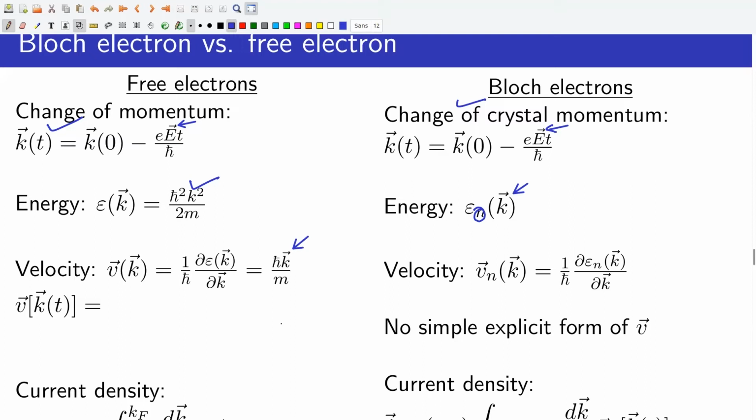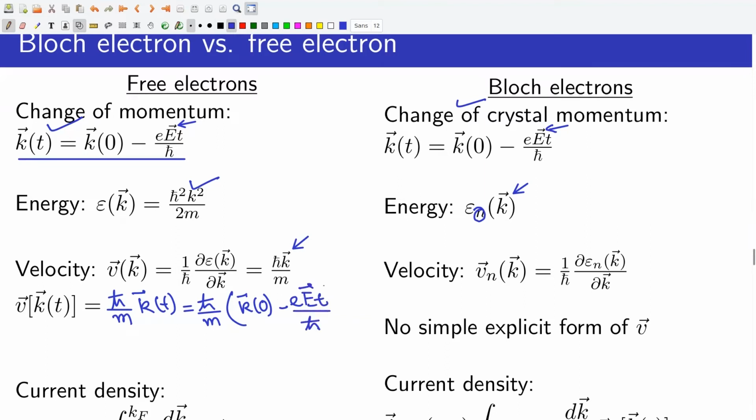As a result, we have a simple expression for velocity at time t given by h cross by m times k(t), and we get k from this equation such that velocity at time t is h cross by m times k0 minus e E t by h bar.